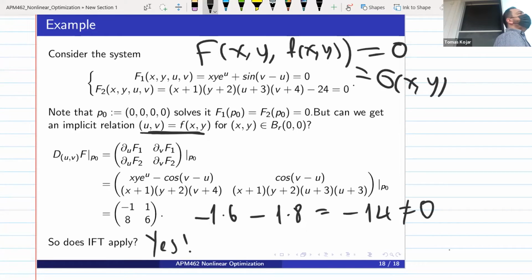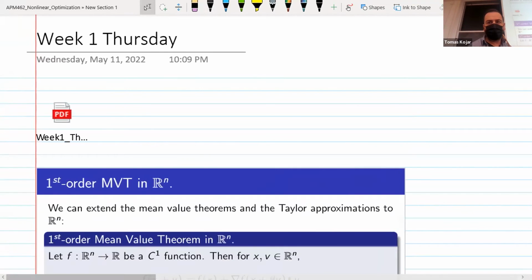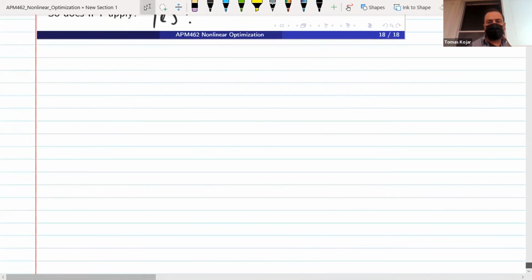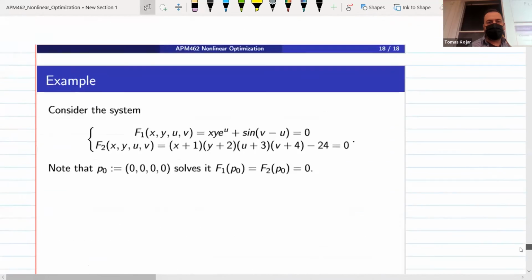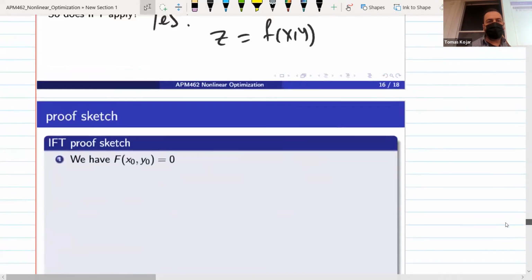No, this is the determinant. It's like minus one times six. Well, it just tells you that you can apply it.